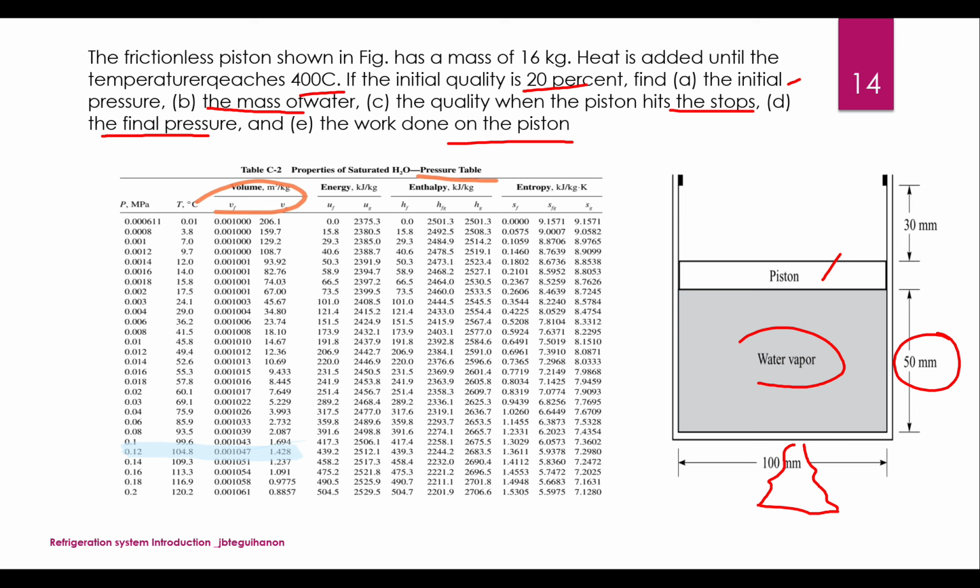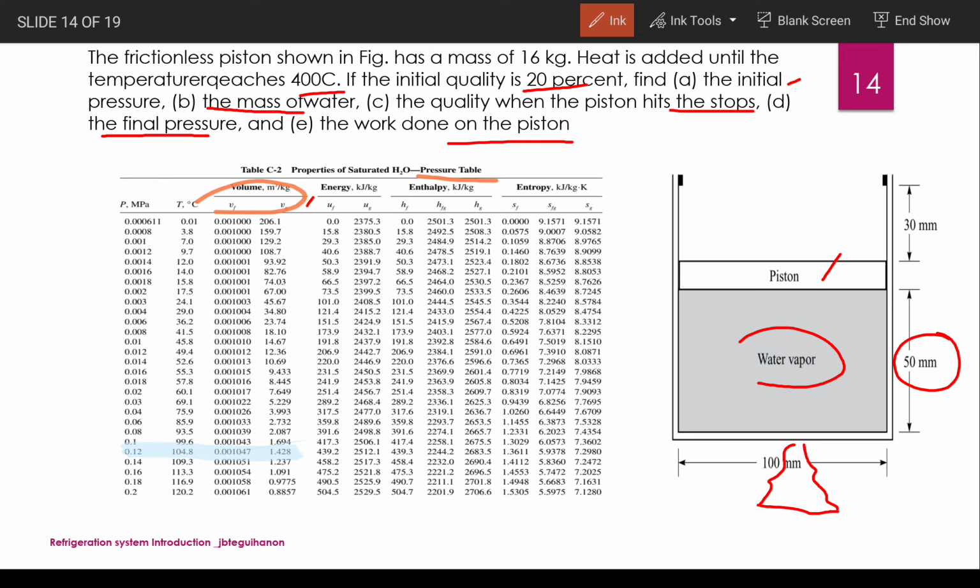So this is the steam table of water, and we are going to collect the properties, the specific volume that I have encircled here, from the pressure table.